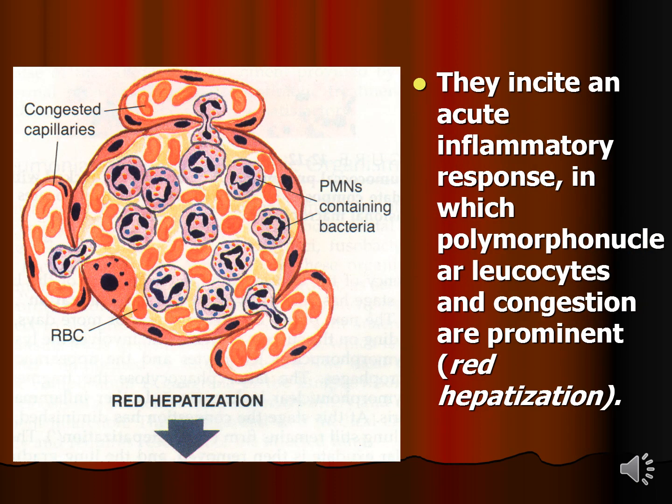Here we see, in the stage of red hepatization, a lot of polymorphonuclear leukocytes containing bacteria, and also a lot of red blood cells or erythrocytes in the exudate, and we see the congested capillaries within the interalveolar spaces, and all these are histologically quite common in the stage of so-called red hepatization.